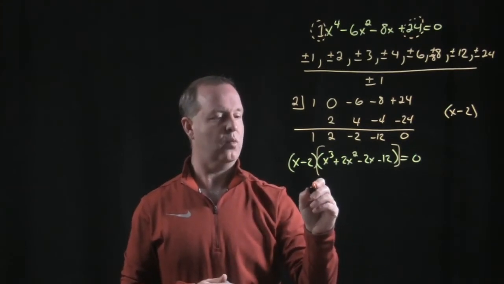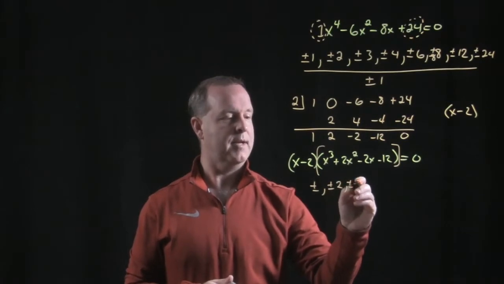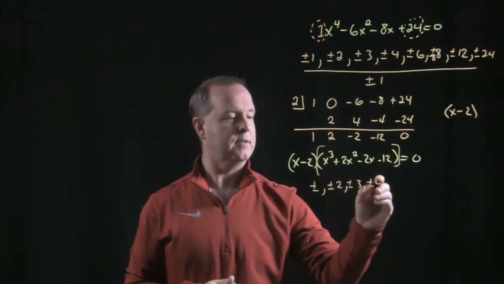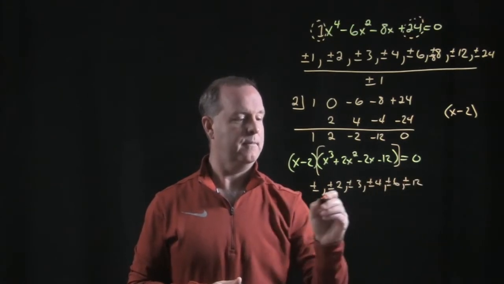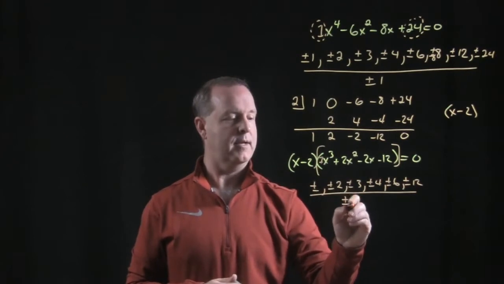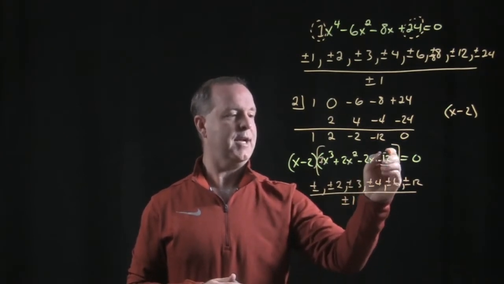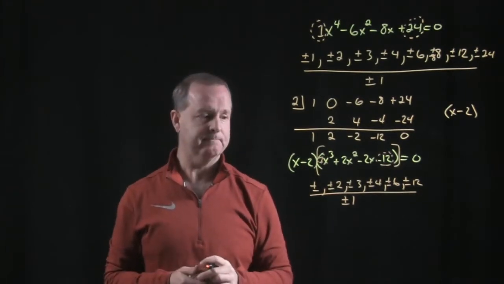I have plus or minus 1, plus or minus 2, plus or minus 3, plus or minus 4, plus or minus 6, and plus or minus 12, all over the leading coefficient, which was a 1, plus or minus 1.